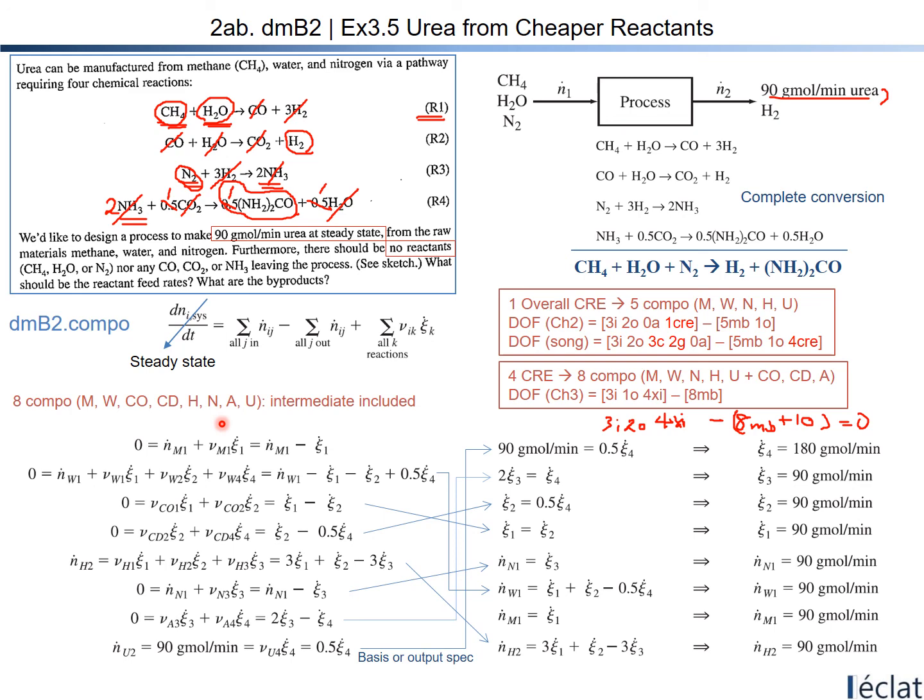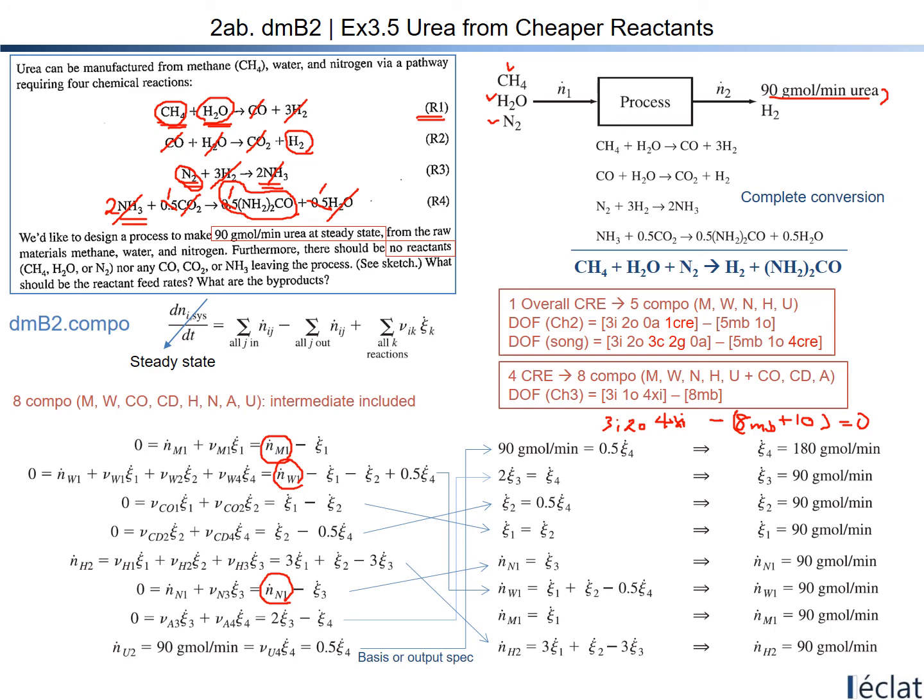And let me check what are the unknowns. So this one, the input flow rate of methane, and water, this one, and where's the nitrogen? Those are unknowns.